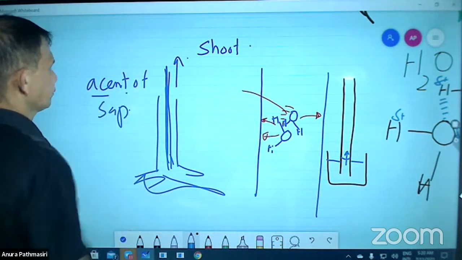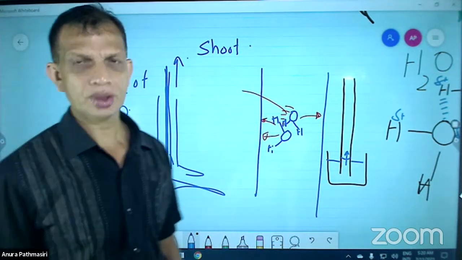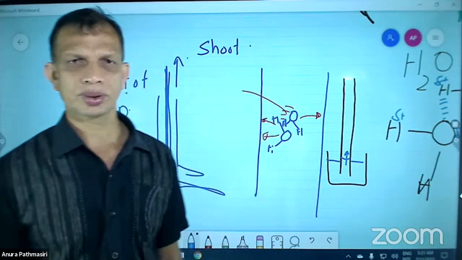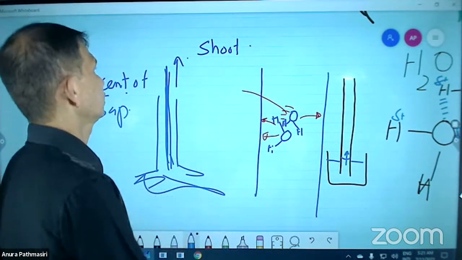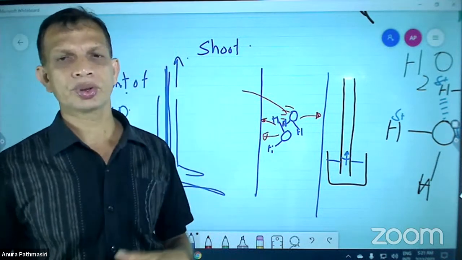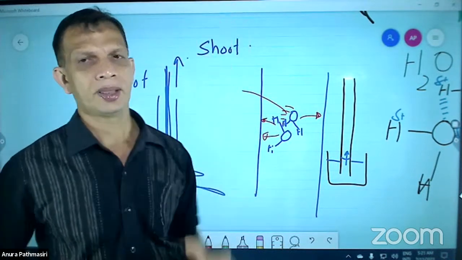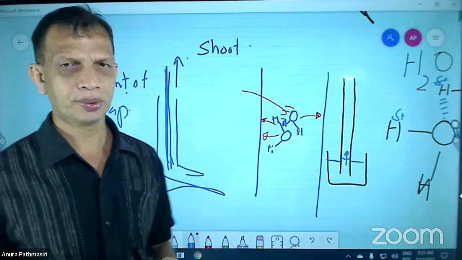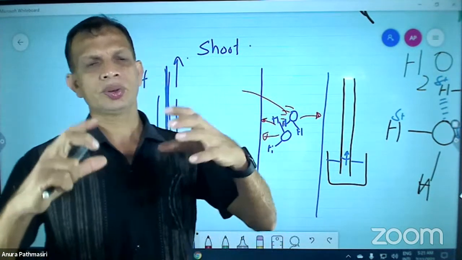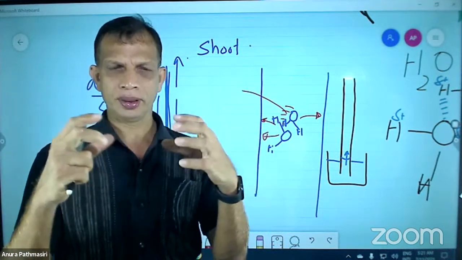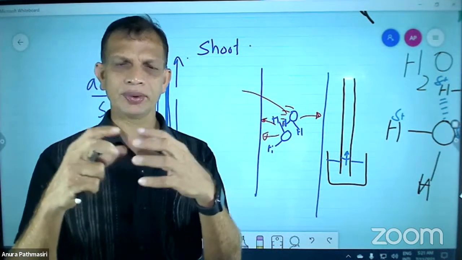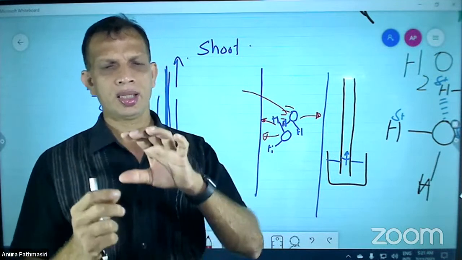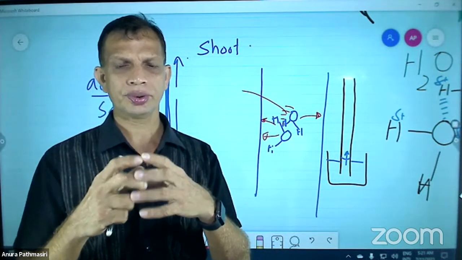I can't remember the spelling for this. Ascent of sap. Rasodgamana, in Sinhala we call it Rasodgamana. The water and mineral salts should be transported up, and for that these cohesive and adhesive forces are very important, because water molecules bond together with their own attraction through intermolecular bonds, and that's cohesive forces.